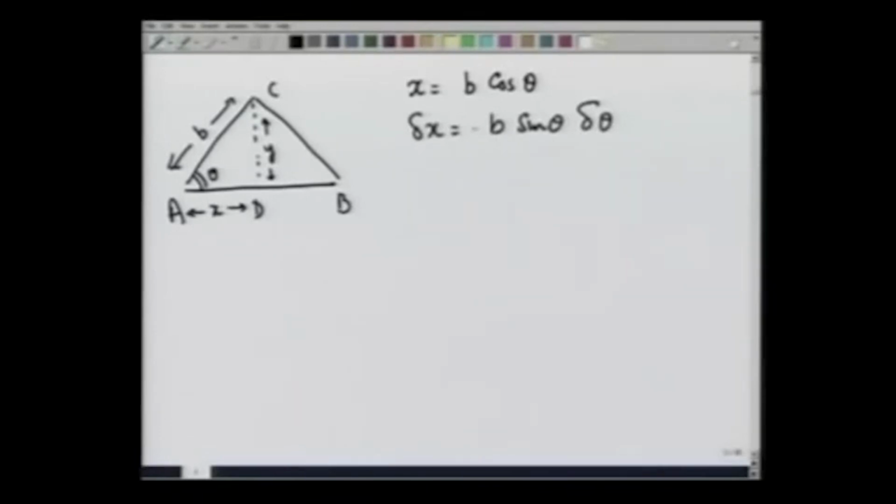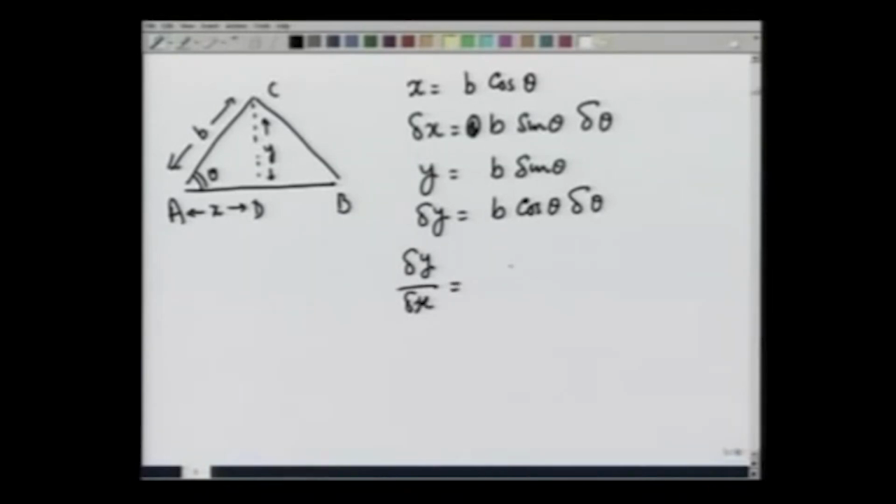I am just worrying about the magnitude, so the minus sign I am not worrying about. Y equals B sine theta, and therefore delta y is going to be B cosine theta delta theta, and therefore delta y over delta x is going to be equal to cotangent theta, or delta y is equal to delta x times cotangent theta.